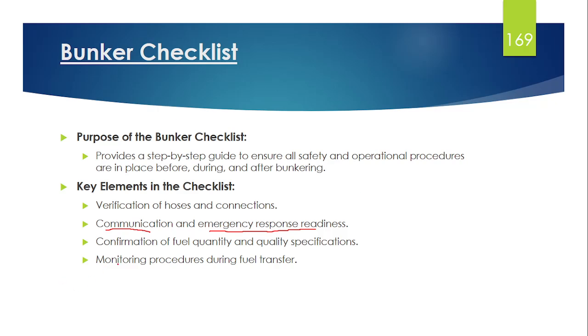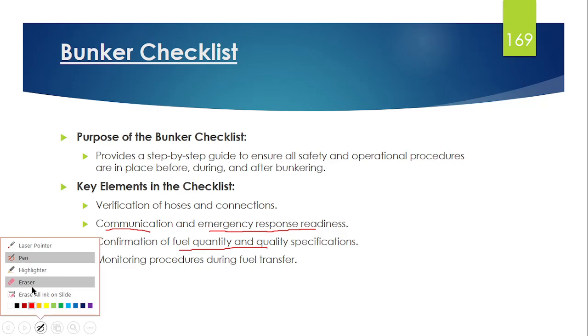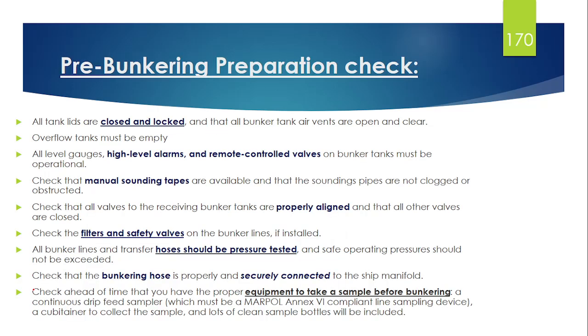After that you have to make sure that the fuel quantity and quality which we are taking is proper. This you can ensure by using the drip quality analysis, and you have to monitor the whole process during the bunkering.